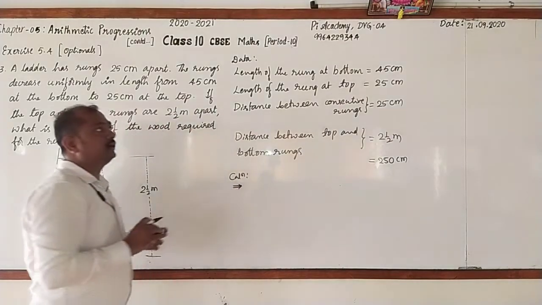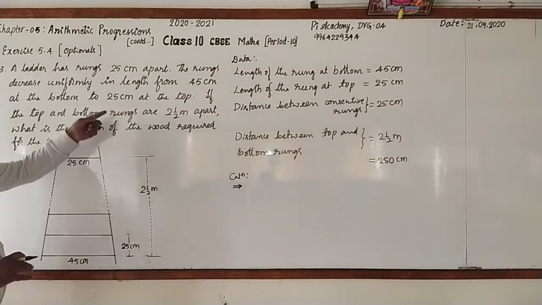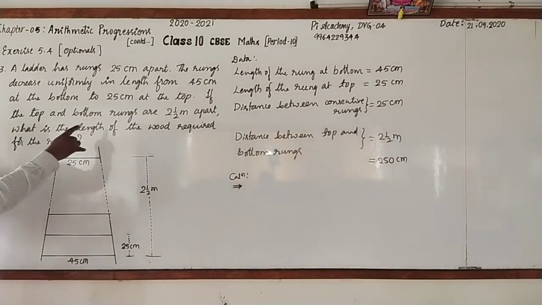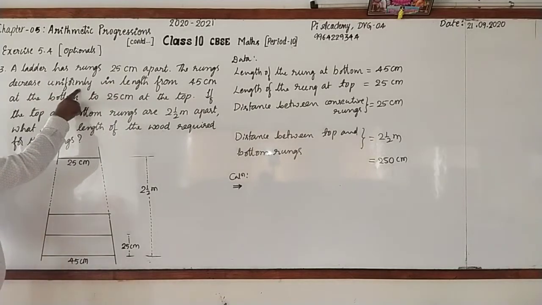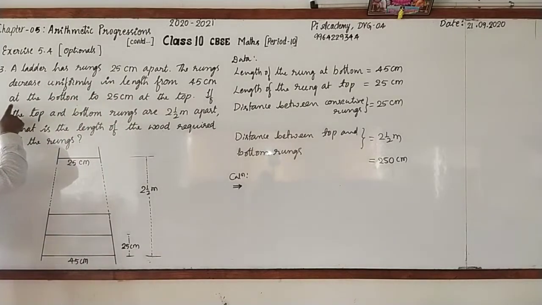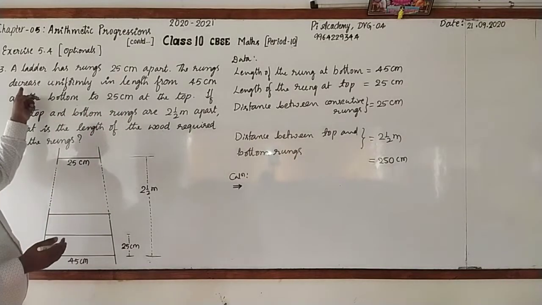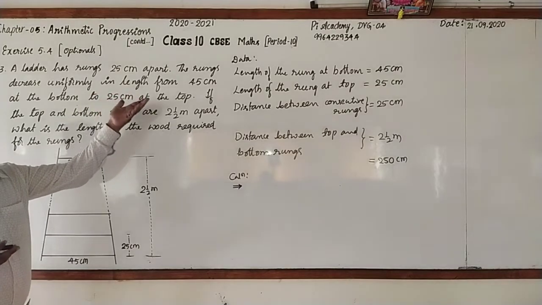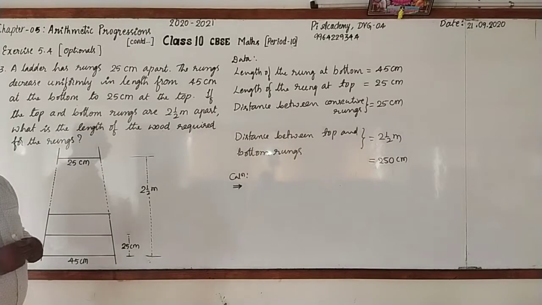Observe it. It has been given that the rungs decrease uniformly in length from 45 centimeter at the bottom to 25 centimeter at the top. Obviously, as the rungs decrease uniformly, the given situation is in the form of an AP, right?